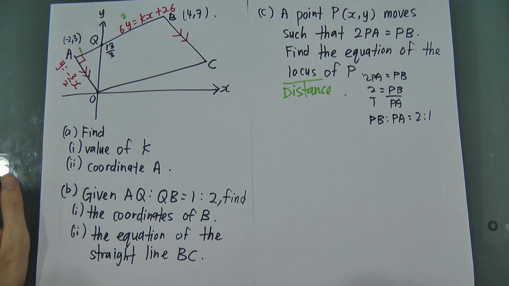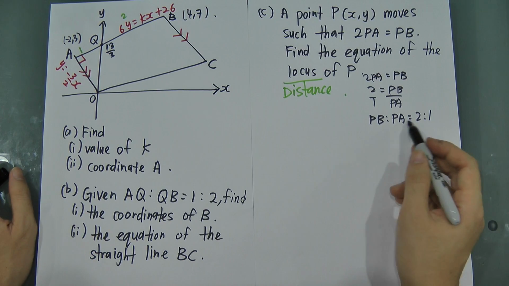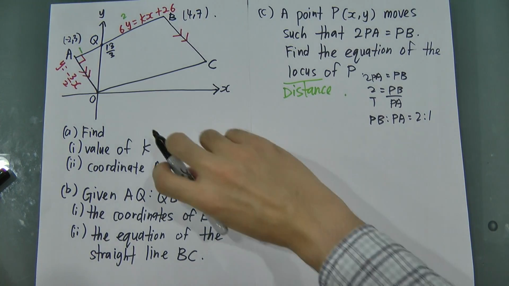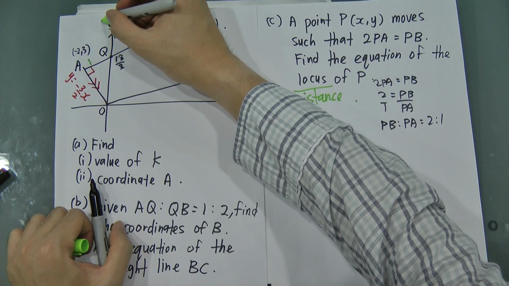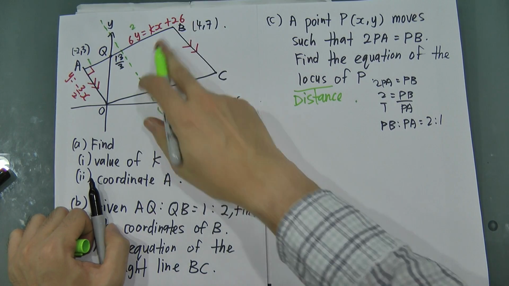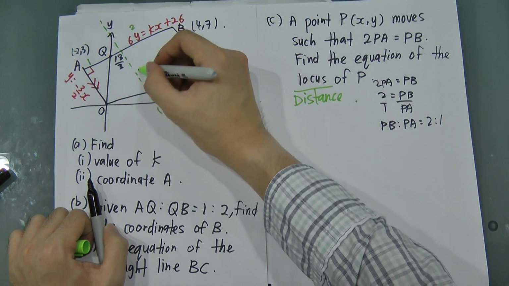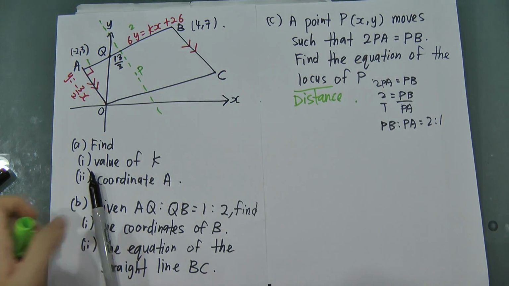Alright, so I know P will move closest to A because of the ratio. So actually P is moving somewhere like this, I think, because the ratio here has to be 2 and the ratio here has to be 1.